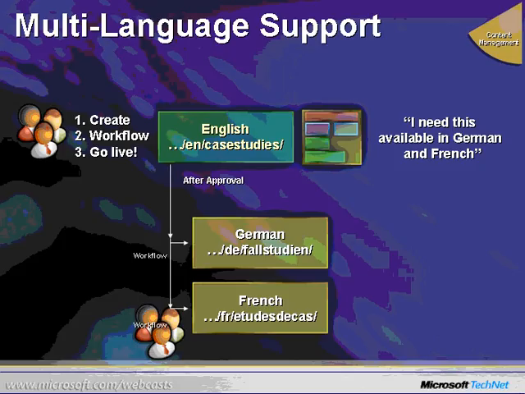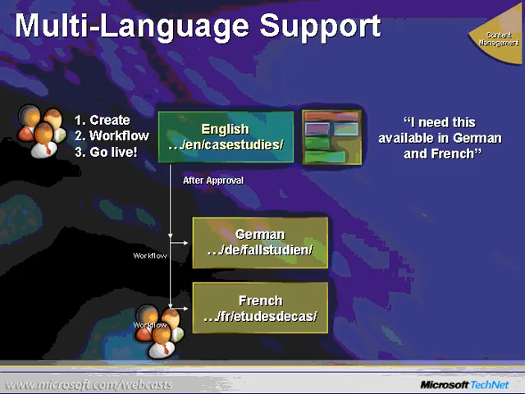So what you can do as an administrator is set up your English site as your source site, and set up German and French as your variation sites or your target sites. Then Office SharePoint Server will help you manage the orchestration of content. You would install Office SharePoint Server, install the German and French language packs, and when you create your variation, you create the German site using the German language pack and the French site using the French language pack.